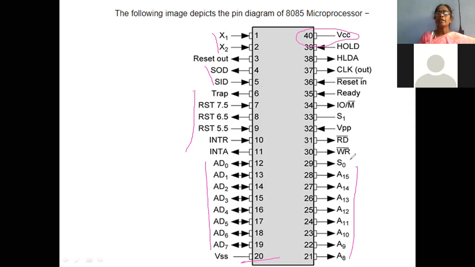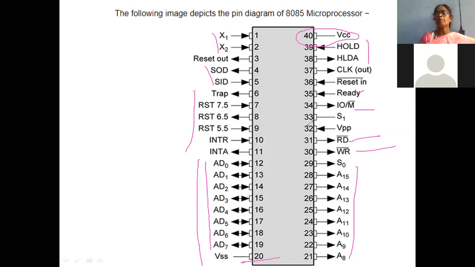And then read, write, IO/memory, ready. These are all the control signals. And these two are the DMA signals. I already told you why there is a requirement of a multiplexed address and data bus. This AD0 to AD7 we call address and data multiplexed.